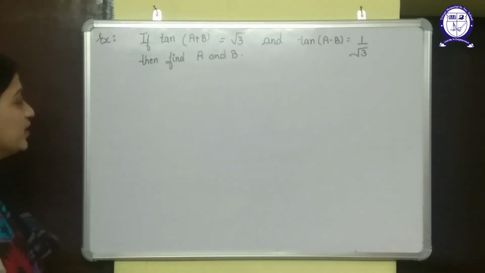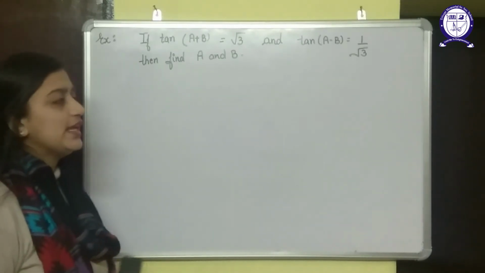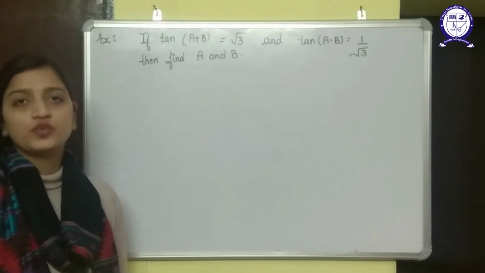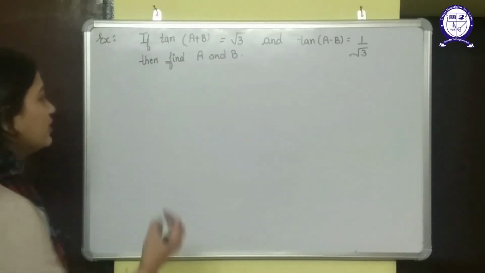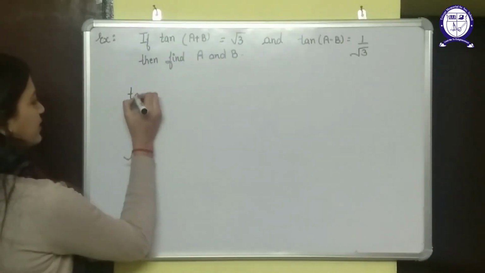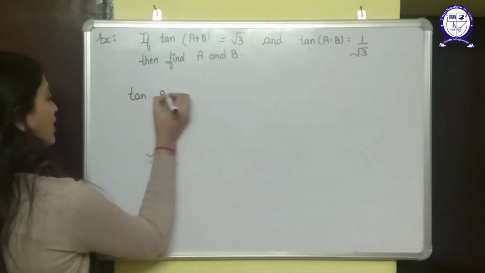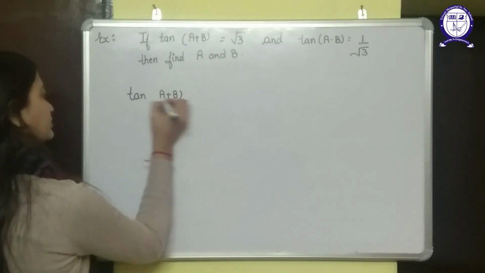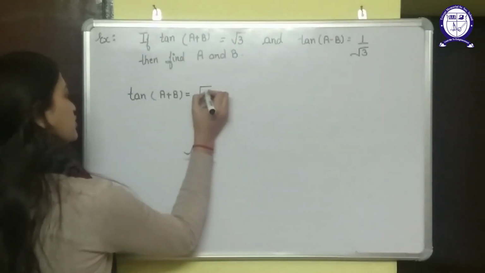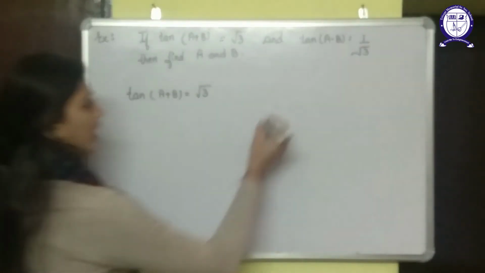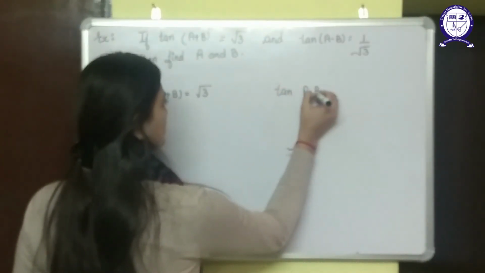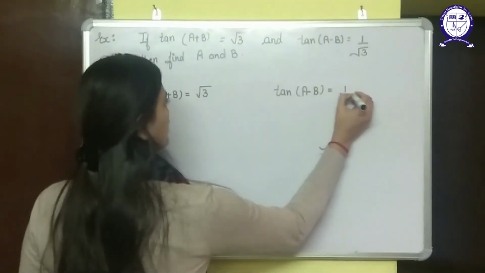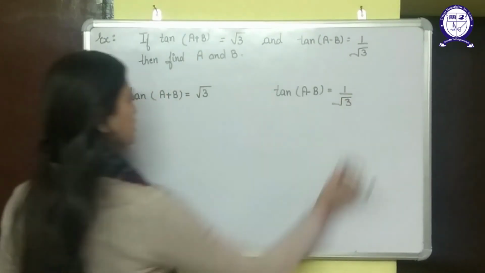In this example it is given that if tan a plus b is equals to root 3 and tan a minus b equals to 1 upon root 3, find the value of a and b. Okay, the given thing is tan a plus b is equals to root 3 and tan a minus b is equals to 1 upon root 3.